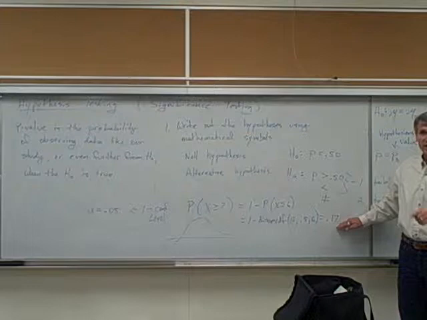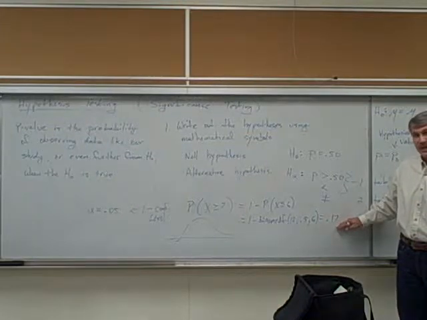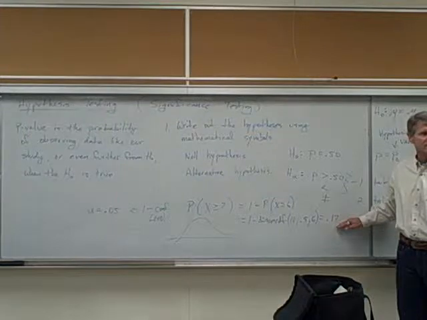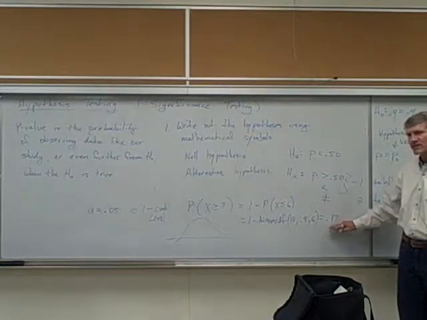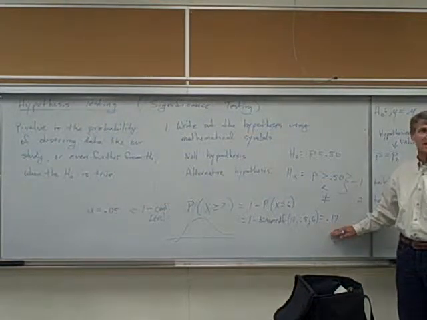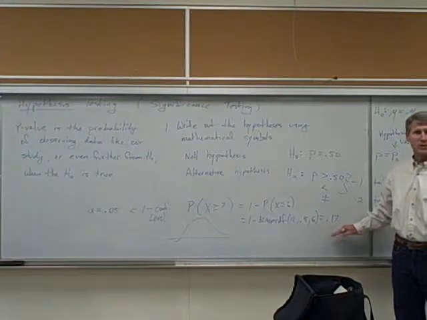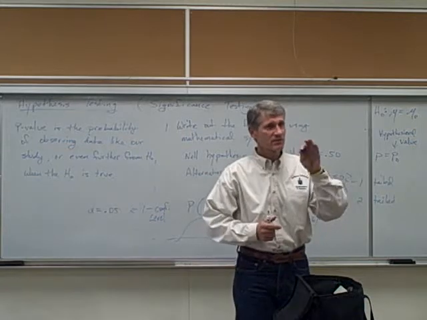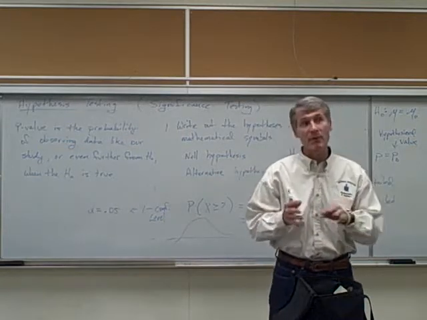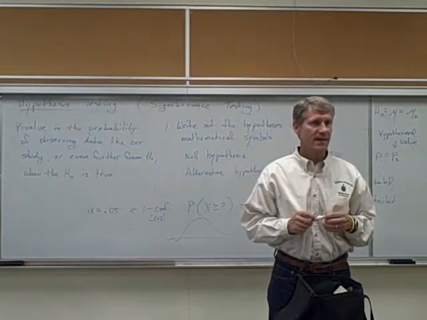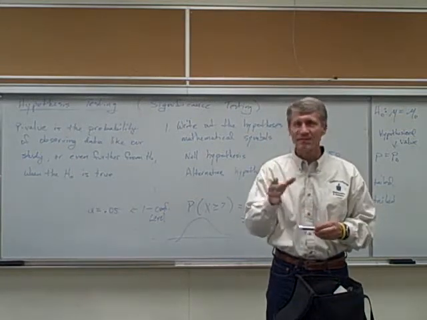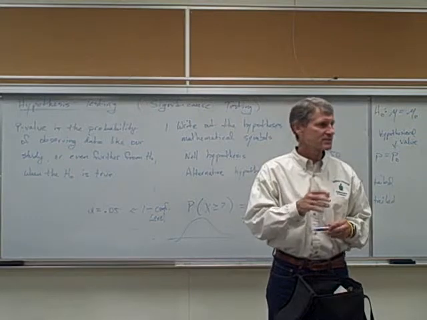In other words, if you got 7 out of 10, is that enough evidence to say, ooh, they got ESP? No, because that'll happen 17% of the time just by random chance. What you want to do is set your cutoff level at a point where it's very rare that this would happen by random chance. And that very rare in our minds is usually 0.05. Only a 5 out of 100 chance that this would happen.